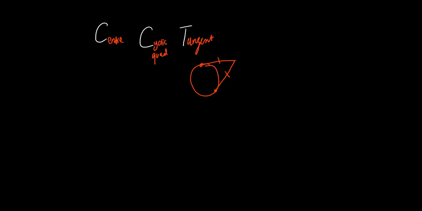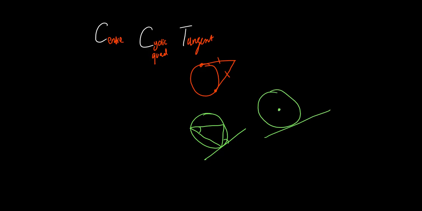Then we're going to have tan chord, and then we have the infamous tan perpendicular to radius. So if you have a radius and this is a tangent, the angle in between them is going to be 90 degrees.